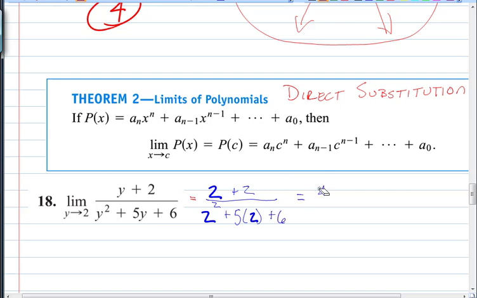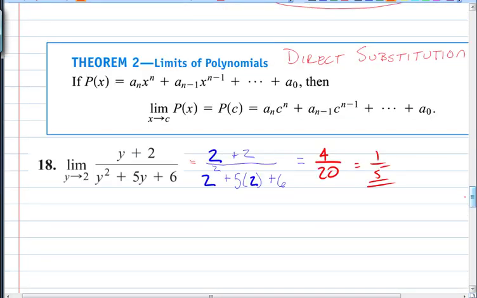And that's equal to 4 over what? 4, 10, 20. So that limit is actually 4 over 20, which reduces to 1/5. Go with the 1/5, not the 4 over 20. Okay? Reduce your fractions whenever possible. Any questions?